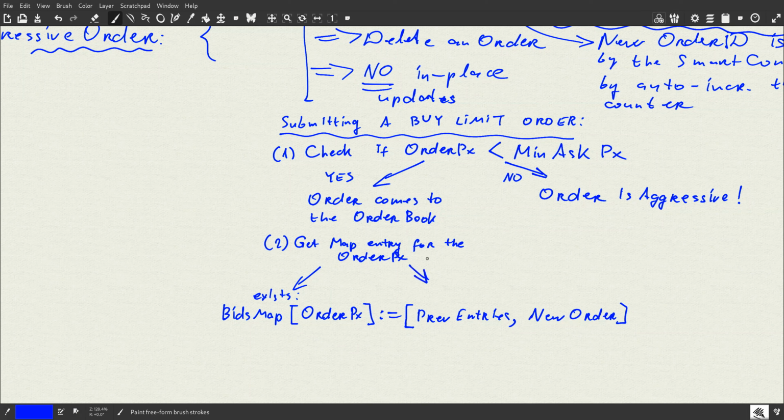If the map entry for this order price does not exist, then we install a singleton element for the moment. It would be just a single element list with a new order.